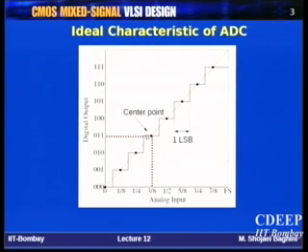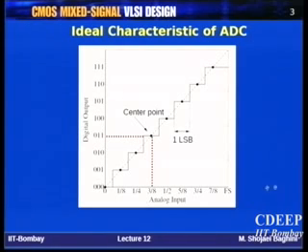There was a center point and there are transition points. We kept this center point for the first transition point at 0, as we discussed last time, and therefore this will be the ideal characteristic of an ADC. The input is analog, the output is a digital code.